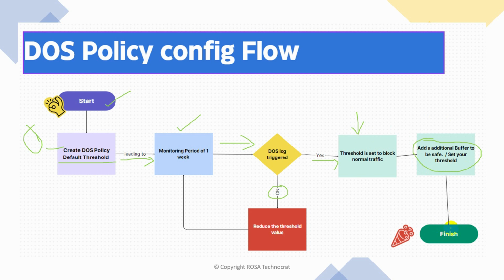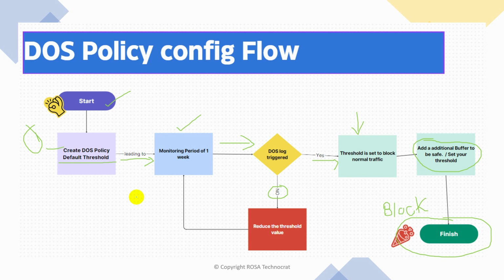Once all these thresholds are monitored and optimized, then you change the action to block. So with a DOS policy, you don't start directly from blocking mode. First do monitor mode, observe it, optimize the threshold values, and then change the action to block mode. This is how you should configure the DOS policy.